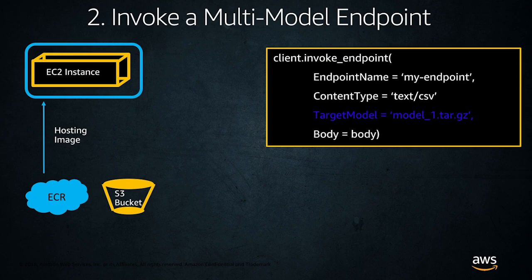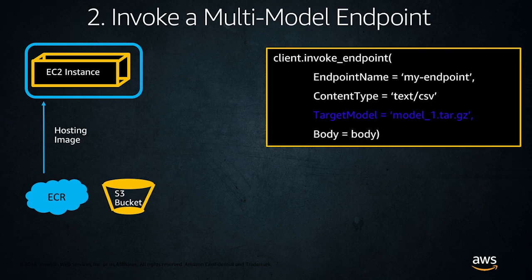So now we need to invoke that multi-model endpoint. So this is an example of using Boto3. Right, we're going to set up our Boto3 client here. We're going to call client.invoke_endpoint, and we're going to start with the name of that endpoint, right? So just your endpoint name, your content type, and then the relative path of your model in S3.